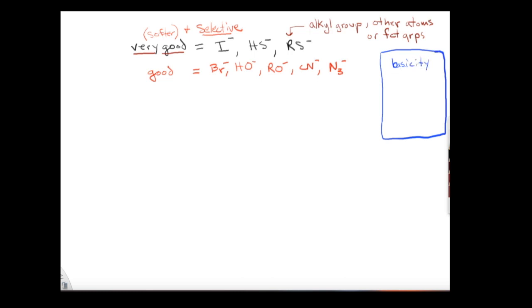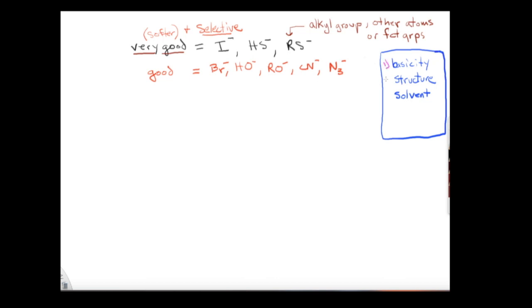How strong a base is this thing? How much structure is around the atom that's carrying the extra electron pair? And what type of solvent is the nucleophile actually dissolved in? I think these are the top three things, in my opinion.